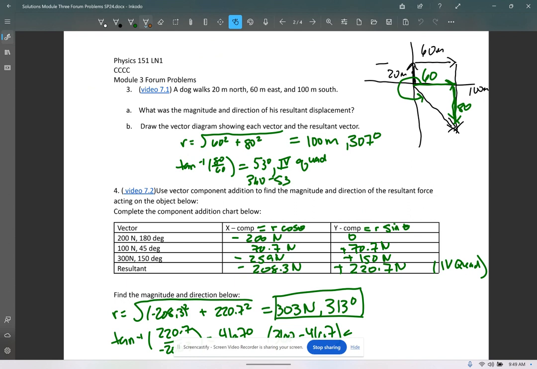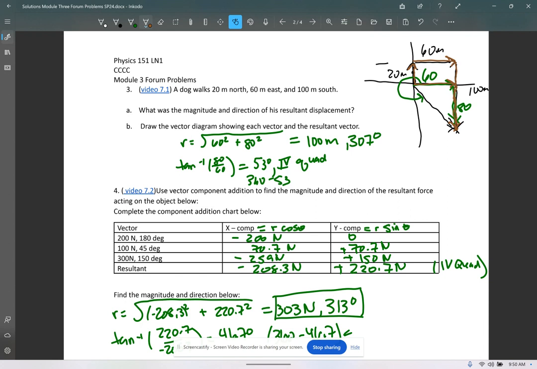All right, in number 3, you have a dog that walks north, and then he walks east, and then he walks south. So in effect, he's 60 meters east of where he started and 100 minus 20 or 80 meters south of where he started.